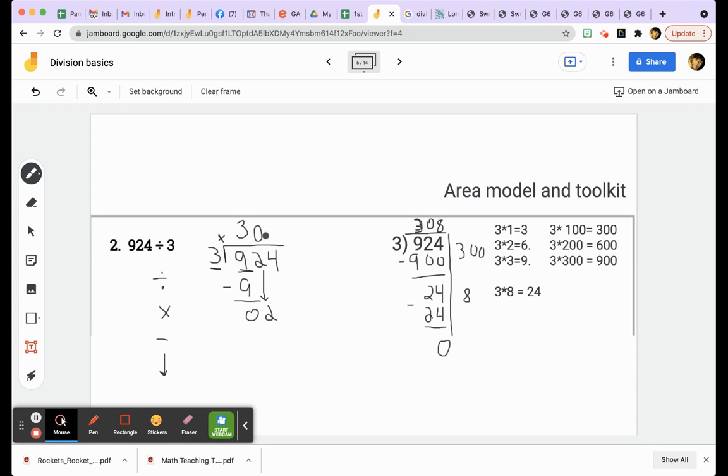I'm going to multiply back. 0 times 3 is 0. Then I subtract. 2 subtract 0 is 2. My last step is I bring down, and I'm going to bring down the 4.